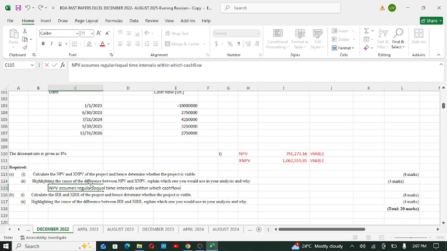What about XNPV? It considers the time because we have used the dates.